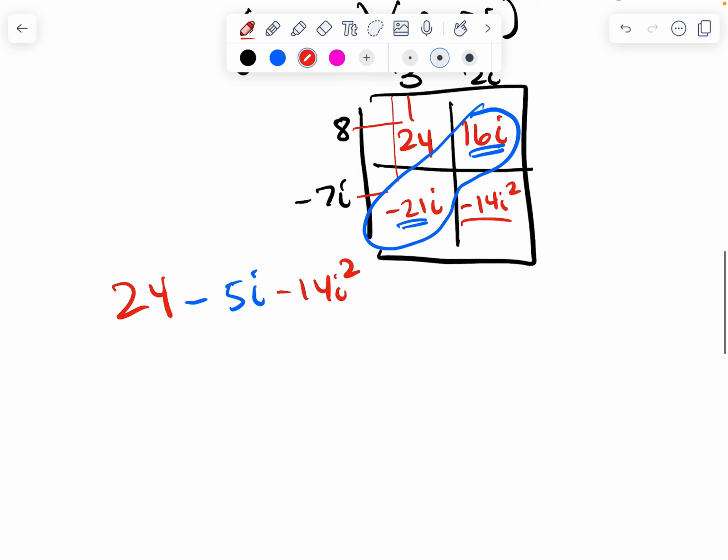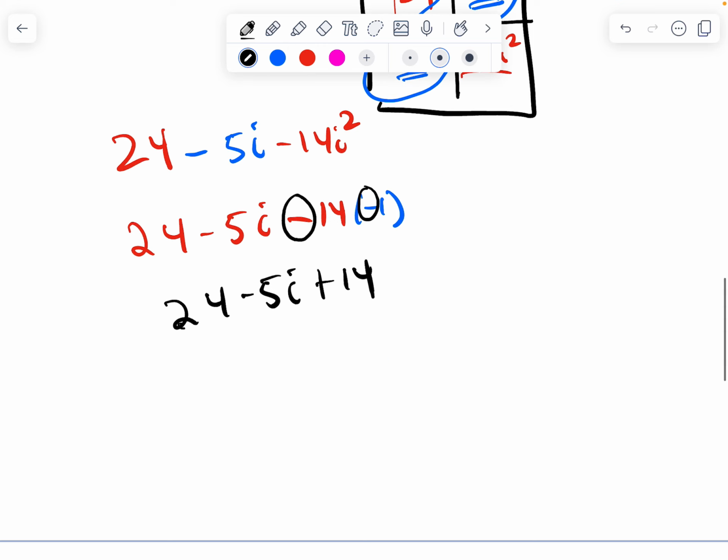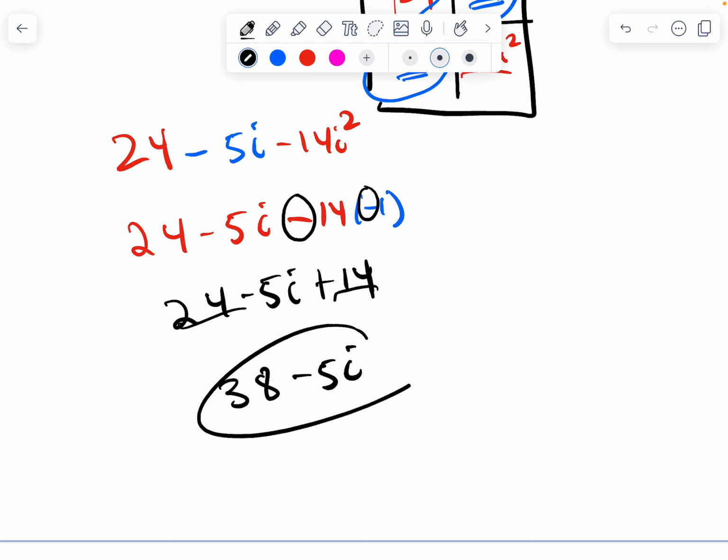So we're going to replace that i squared with negative 1. And then let's simplify. 24 minus 5i, a negative and a negative make that a positive 14. 24 and 14 make 38. And you have 38 minus 5i as your answer.